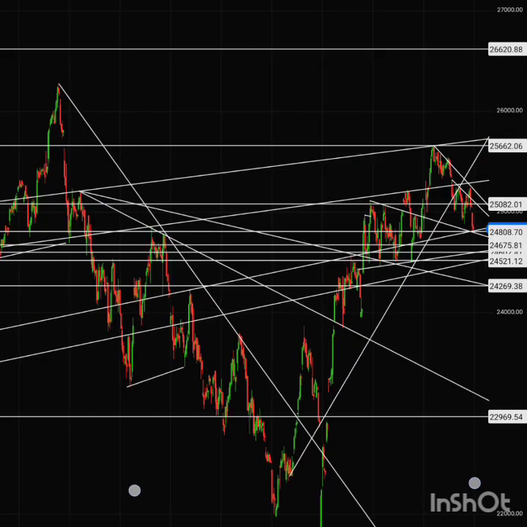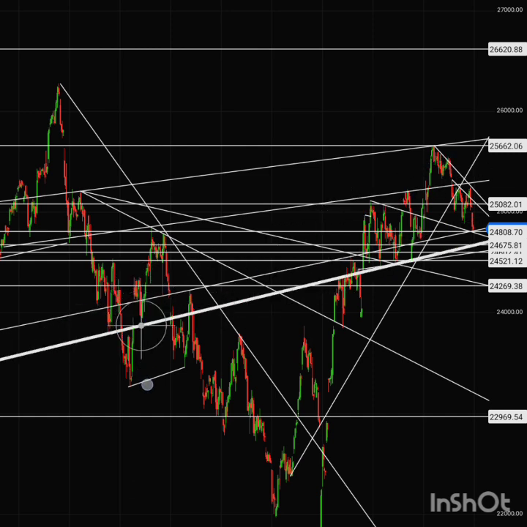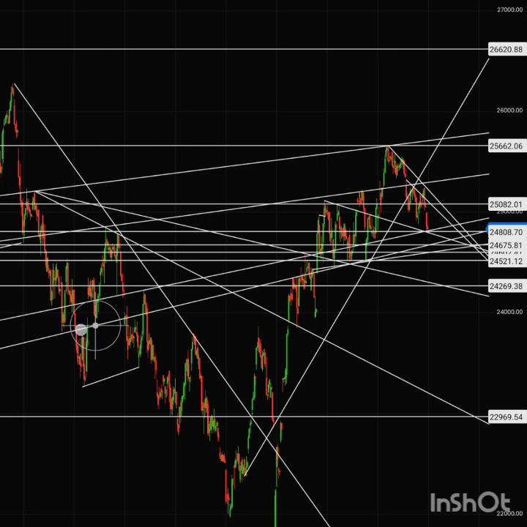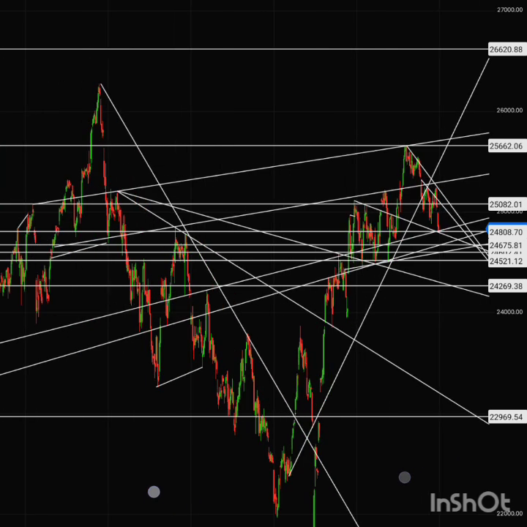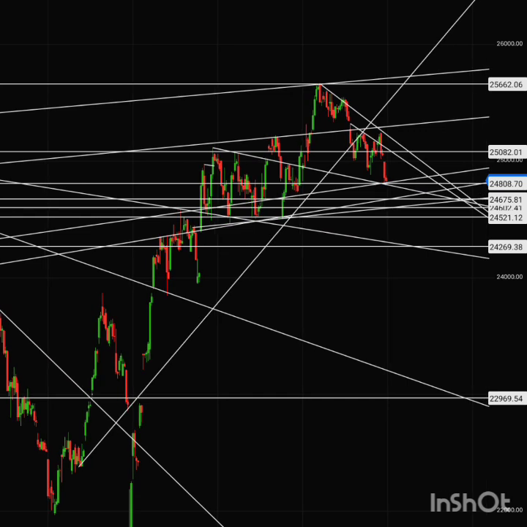If you move towards this trend line here, you can see it is respecting so many places. So we will have a support. The first one is the 24,675 range, 670 to 680 range. Below this one we will have the 24,600 range.